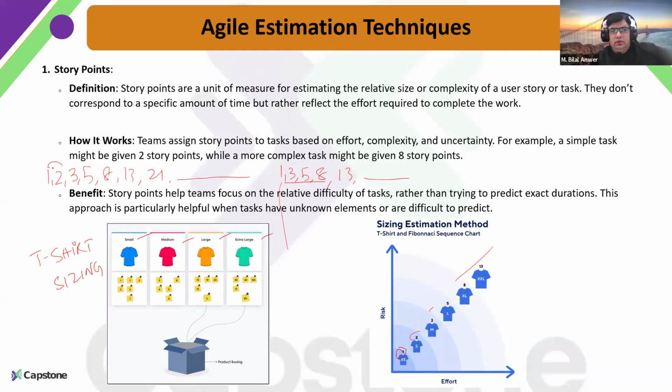Any specific reason to have this numbering series for the user story points? Any specific reason or just a myth? No, it's not a myth. Honestly, I do not have the complete story in mind right now, but as I remember, this is a sequence we find in a lot of natural things as well.